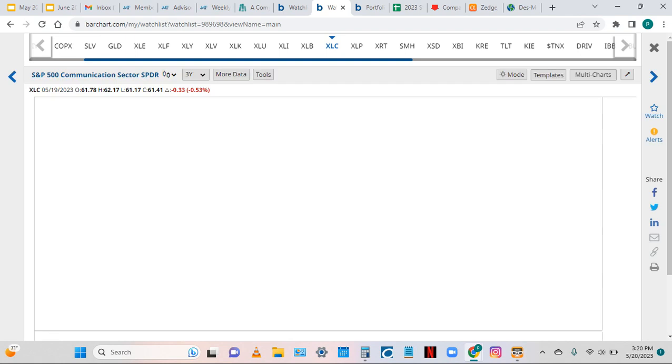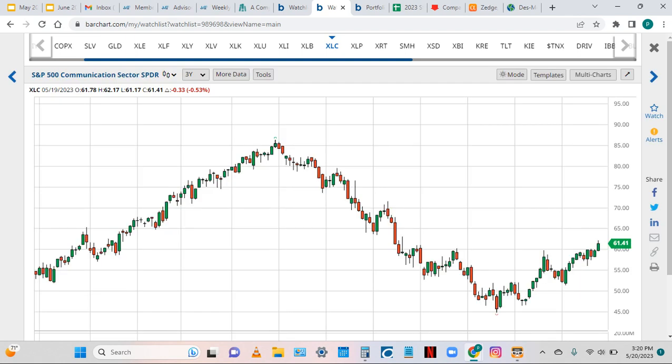Then we've got the communication services sector, XLC. See, that was really sold off hard since last August of '21, I should say. Continued to sell off through 2022. Finally, it made a turn around in December of 2022. Made a nice move out of that low area. So this would be a higher pivot low.